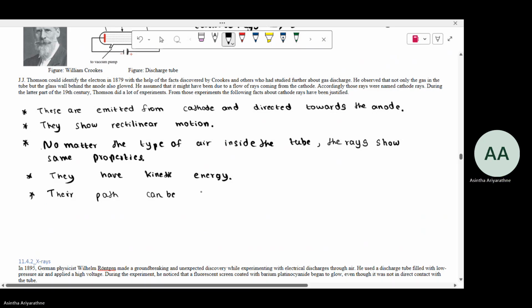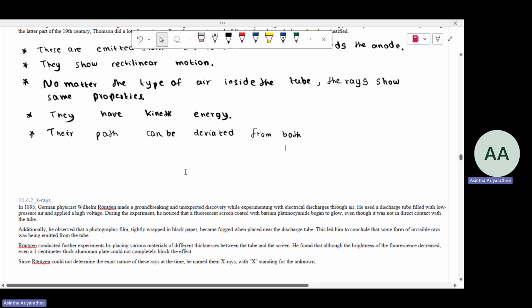And their path can be deviated by both electric and magnetic fields.